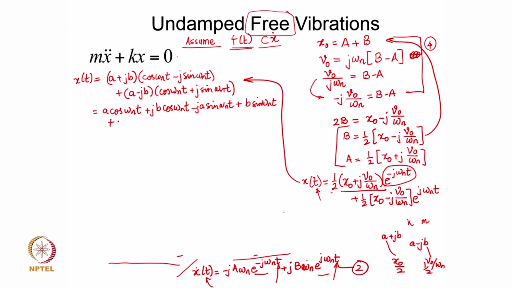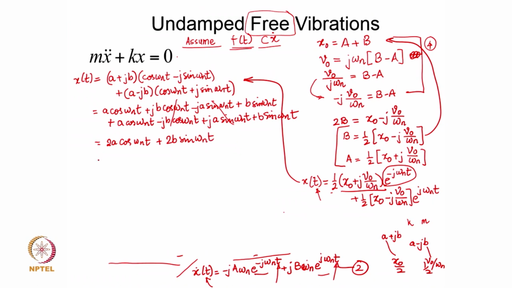Plus the second term expands to a cos omega n t, minus j b cos omega n t, and that gives you plus j a sin omega n t, and finally plus b sin omega n t. This one cancels out, that one cancels out, and then you are left with finally 2a cos omega n t plus 2b sin omega n t.